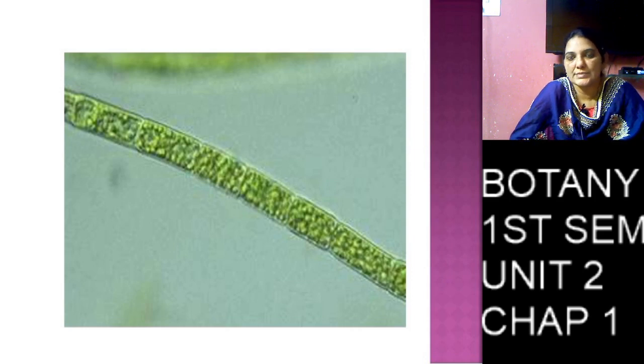The outer layer is made of chitin, the middle layer is made of pectin, and the inner layer is made of cellulose. Next, the middle part is called the cytoplasm, and it has one nucleus and a reticulate chloroplast.